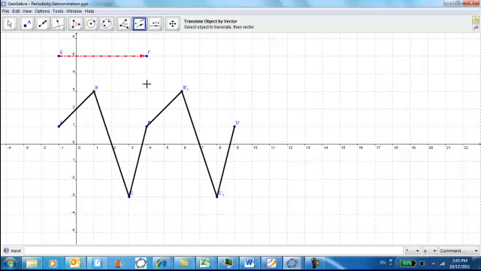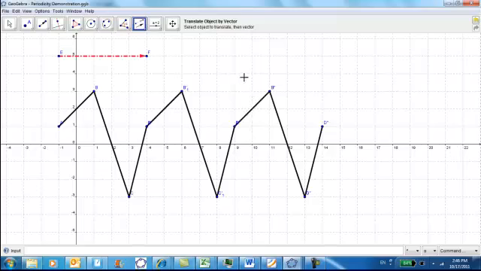Now we can select this object, apply this vector again, go to the next one. Apparently I didn't catch this object here, so there we go.